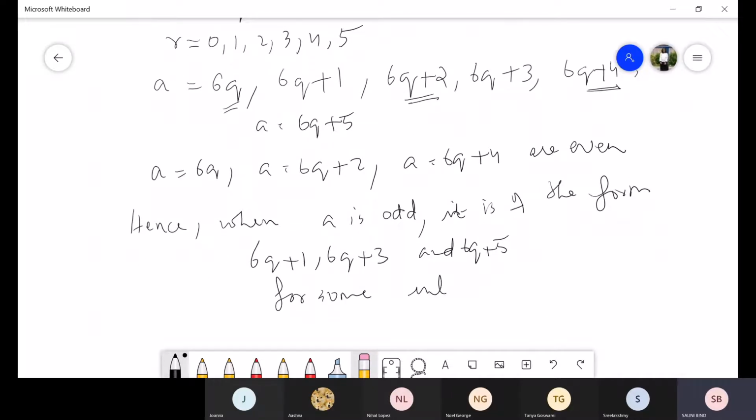So out of this you can remove the even numbers from this list. a equal to 6q plus 1, a equal to 6q plus 2, a equal to 6q plus 3, a equal to 6q plus 4, and a equal to 6q plus 5. Out of that, you can remove all the even numbers and then write: when a is odd, then it will be of the form 6q plus 1, 6q plus 3, and 6q plus 5. Other numbers will be even numbers.